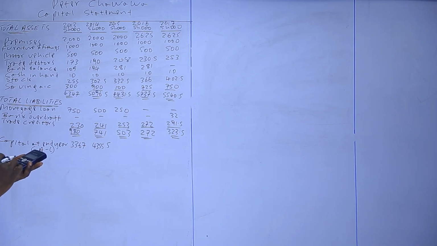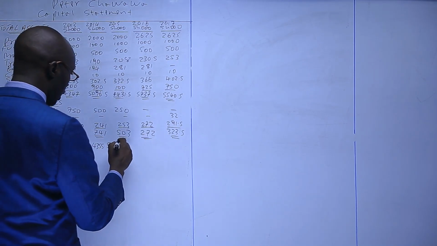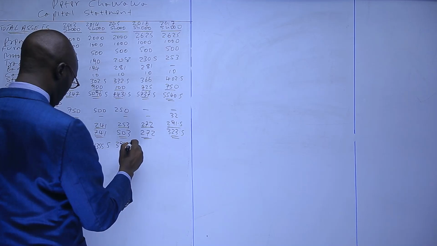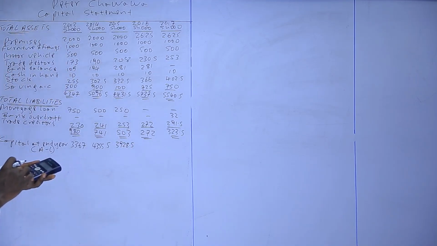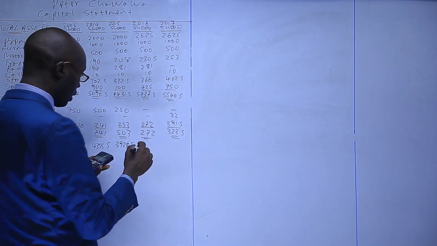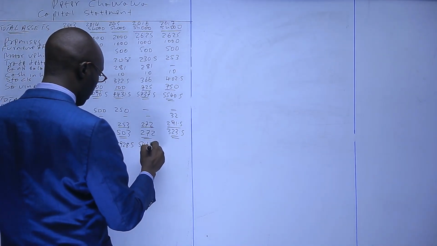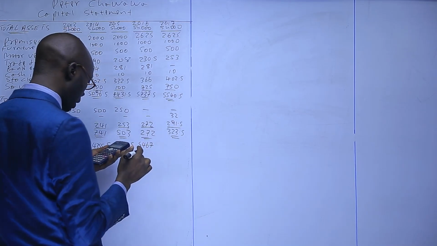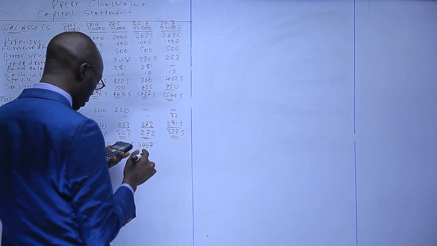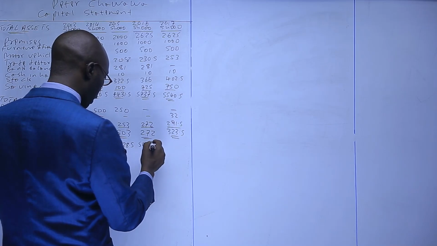The other one is 4431.5 and then minus 503, at 3928.5. The other one is 5737.5 minus 272, giving us 5465.5.